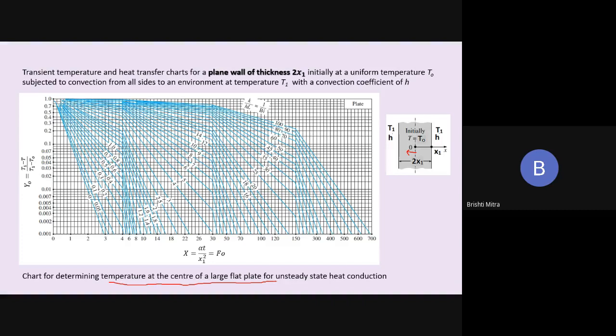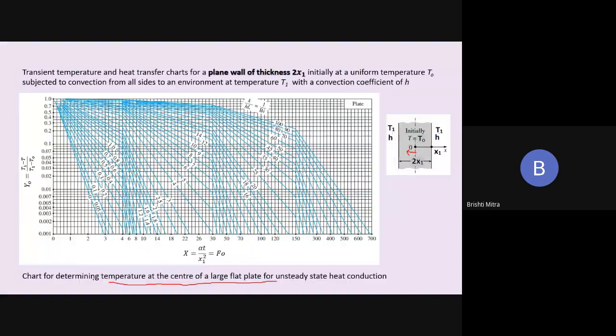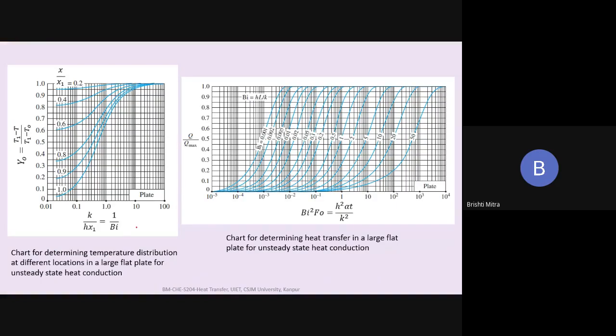I told you there are 3 charts. The first one is where we find out the temperature at the center of the body. The second chart, again for a flat plate, has on the x-axis 1 by Biot number, that means k by h x1. And these lines which are drawn are for x by x1 values, which is essentially equal to my n value that we had talked about.